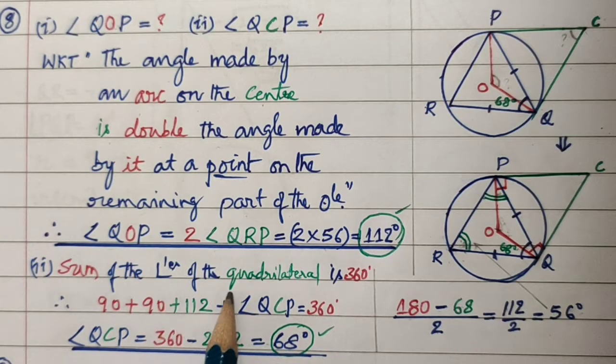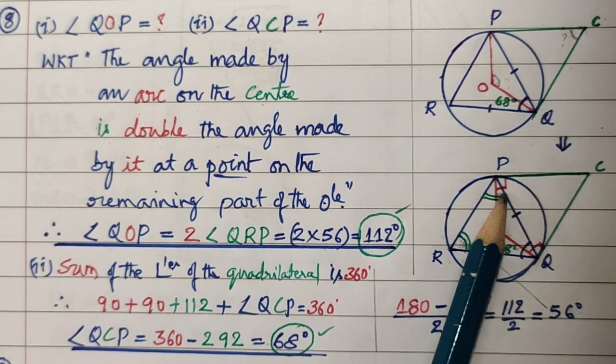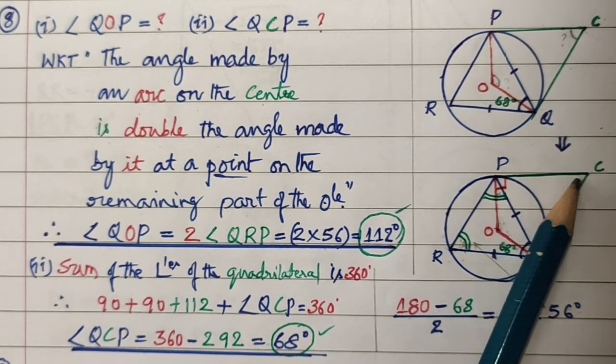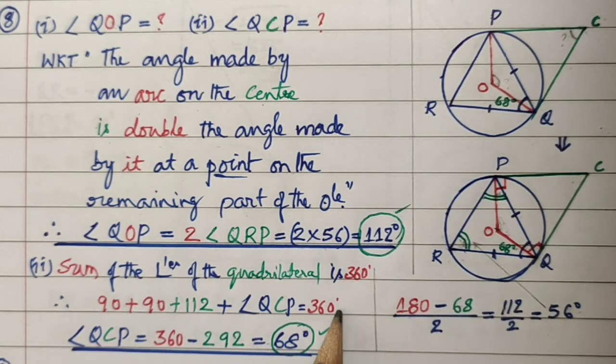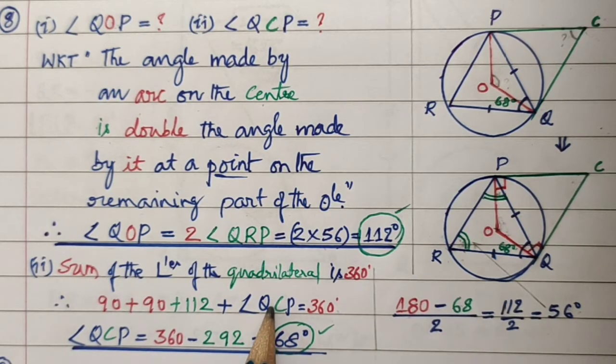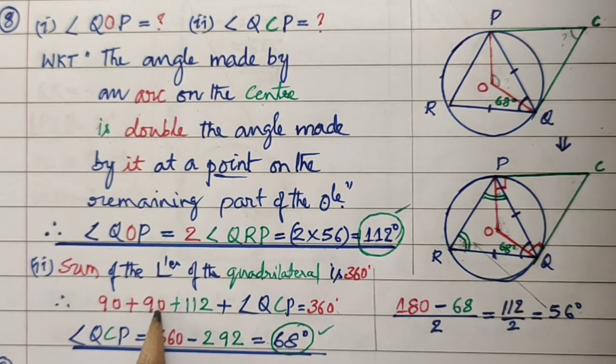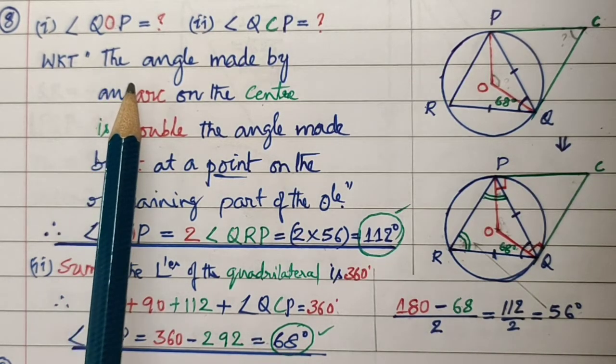The sum of the angles of a quadrilateral is 360 degrees. 90 plus 90 plus 112 plus this angle QCP is equal to 360 degrees. Therefore, QCP is equal to 360 minus 292. 90 plus 90 plus 112 is 292. That will give 68 degrees. In this part, these are the important points we need to remember.